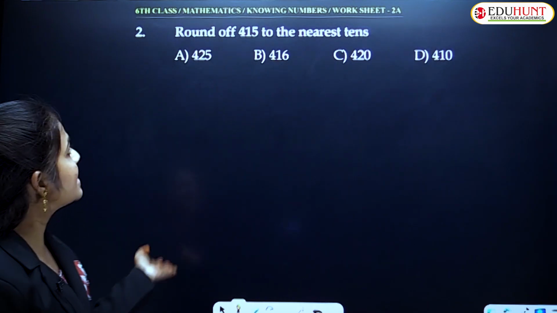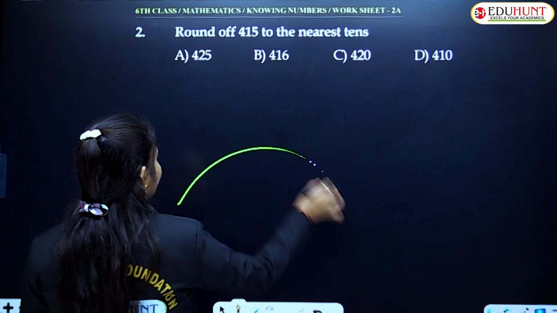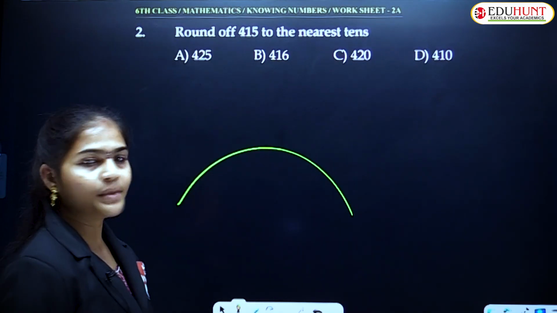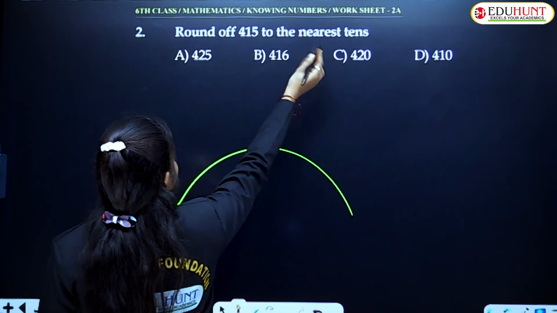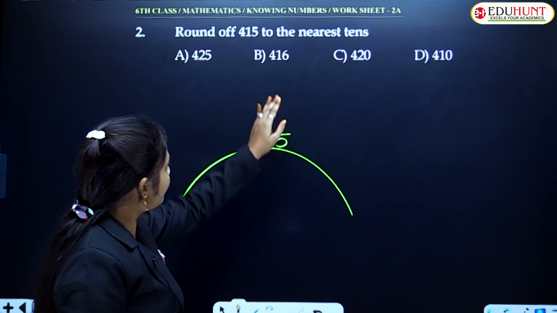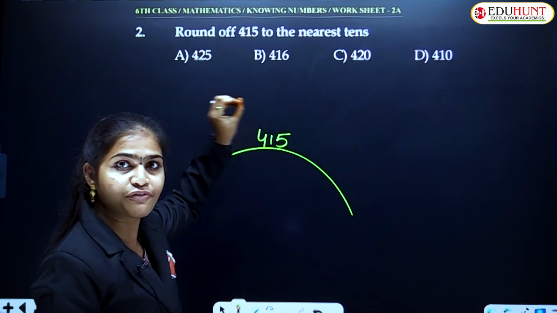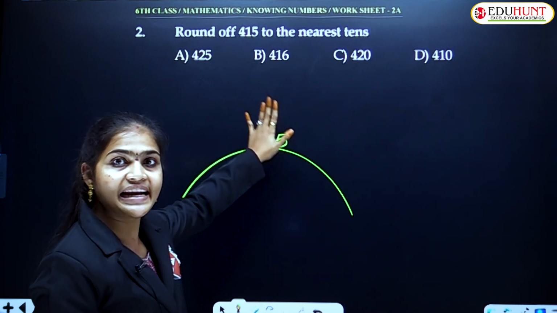See here, this is also nearest tens they are asking. What number is given here? The nearest tens of 415. Whatever it may be, always write the number at the peak stage, that is the number ending with 5.